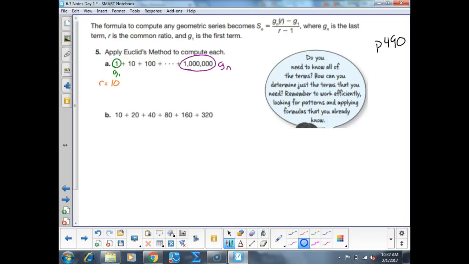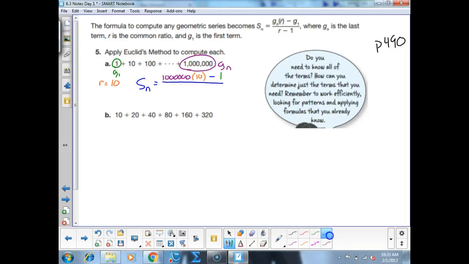So the sum, I don't know how many terms there are, so I'm just going to say the sum of the first n terms is G sub n, 1,000,000, one more, times R minus G sub 1 all over R minus 1.